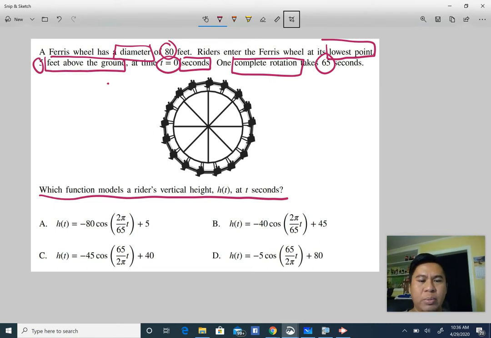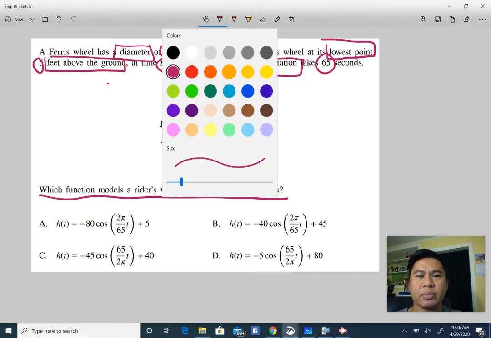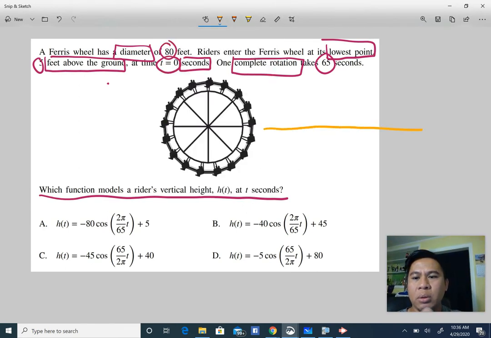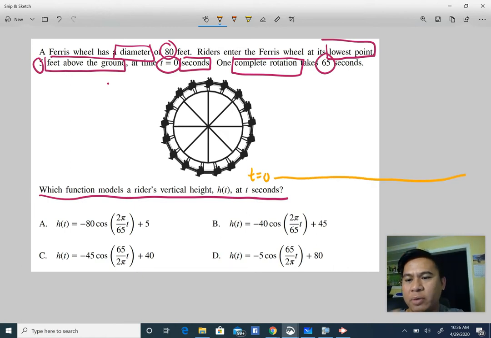With this being said, we can see it as follows if we graph it. At t = 0, where it started is 5 feet above the ground. So if this is the t-axis, it's at 5 here.